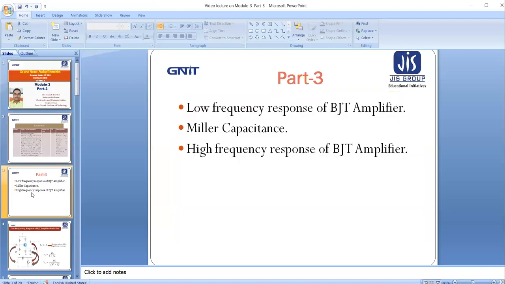So in part 3, we will learn about the low frequency response of BJT amplifier, Miller capacitance and high frequency response of BJT amplifier.